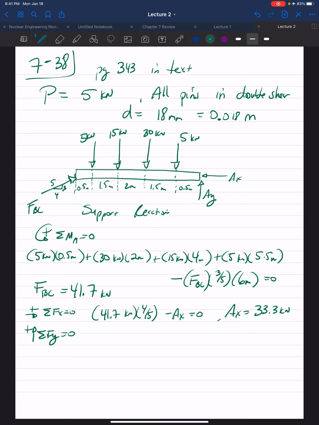Take the sum of our forces in the y direction. You have your AY, which is your last unknown, minus 5 kilonewtons, minus 30 kilonewtons, minus 15 kilonewtons, minus 5 kilonewtons, plus your FBC, which is the 41.7 kilonewtons, times the vertical component 3/5 equals 0. Your AY is 30 kilonewtons.